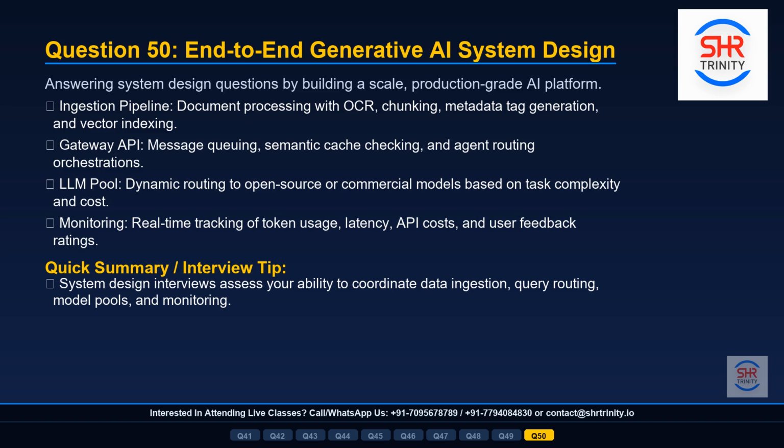This agent routes queries to a pool of models, using lightweight models for simple tasks and larger models for complex reasoning. Finally, you implement a monitoring stack to track token usage, response latency, API costs, and user feedback, ensuring the system remains stable and cost-efficient.